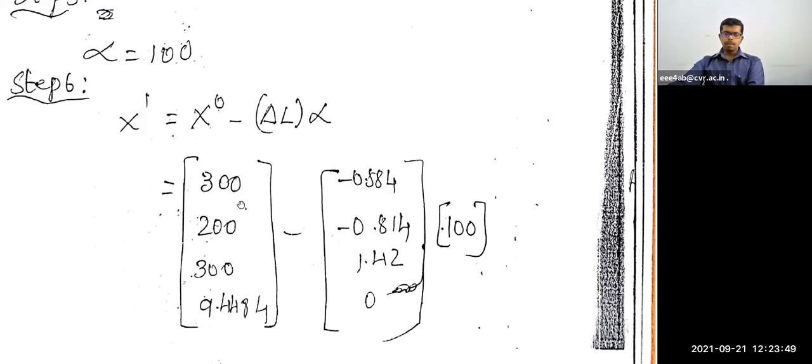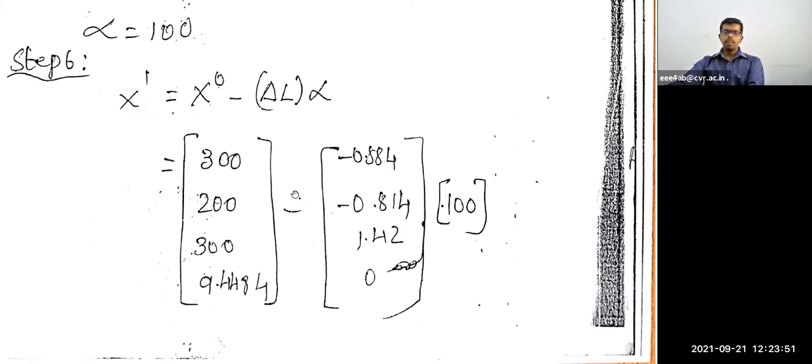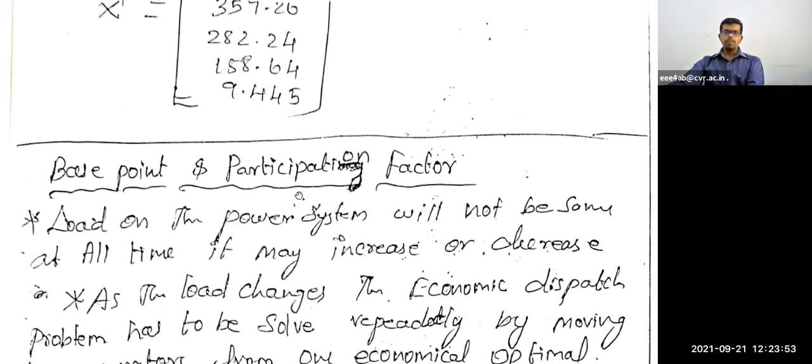Next, I am going for further simplification. After further simplification, I am getting the answer like this: 282.24, then 158.64 megawatt. These three are in megawatt. This is the lambda value.